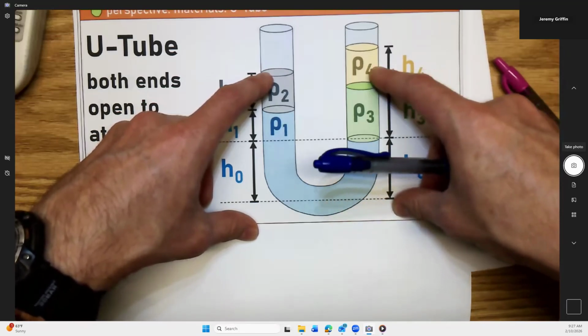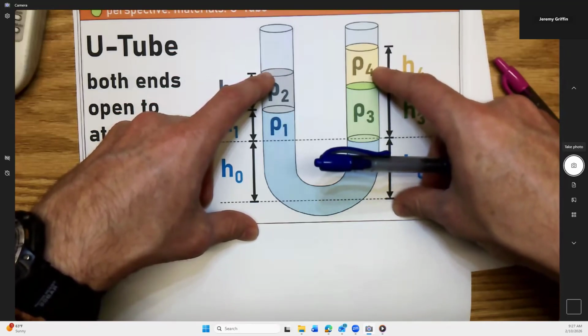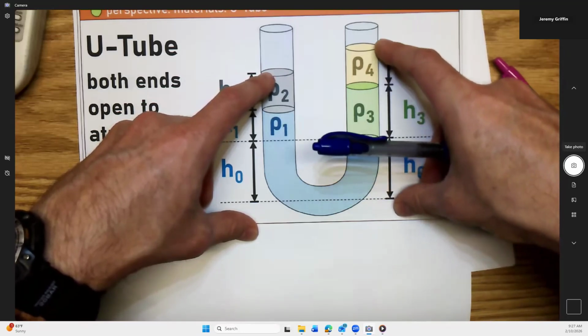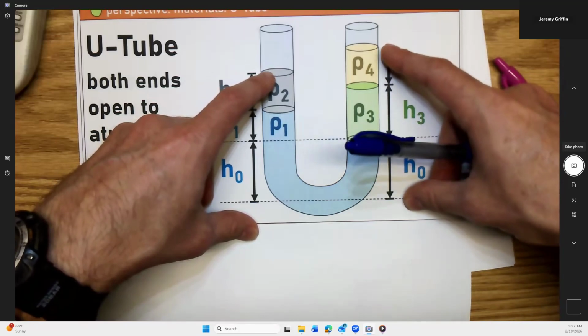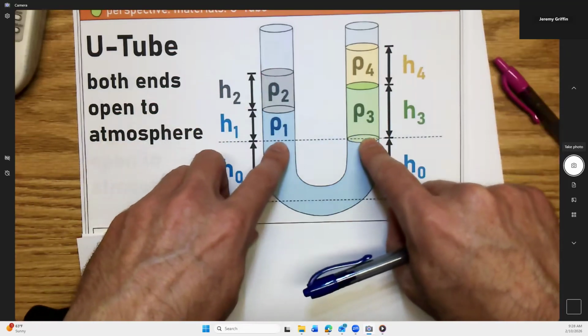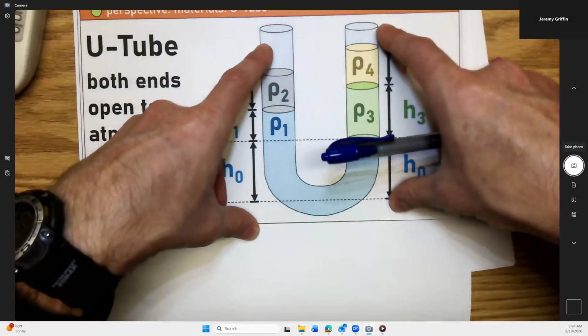This has to be a little bit more than atmospheric pressure, because it's the whole atmosphere plus this little bit of this gold liquid right here. So looks like here and here the pressures are the same, and here they're both atmospheric pressure. So that's also the same.